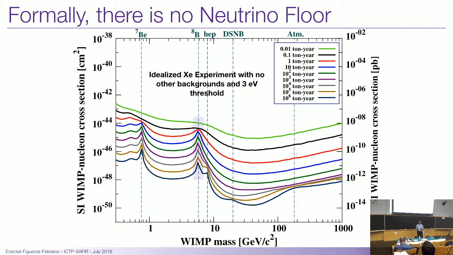So we expect a region where things go linearly with exposure. When you start seeing neutrinos, you're going to go as the square root of the exposure. And then when you start digging in underneath the neutrino flux, when you're dominated by the neutrino, that square root of exposure will break down. And that's exactly what you see.